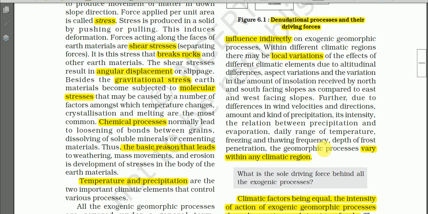So whatever I have been telling is that due to the variation in the types of precipitation, then amount of precipitation, then intensity, then differences in the temperature condition, then differences in the daily range of temperature, because of all these variations, there will be variation in the geomorphic processes within the same climatic region.